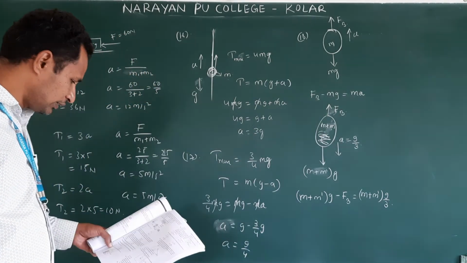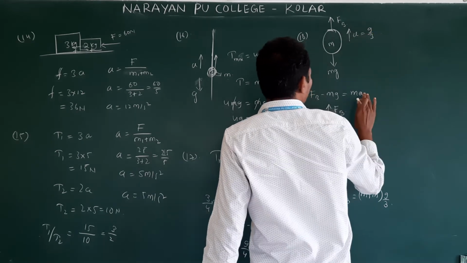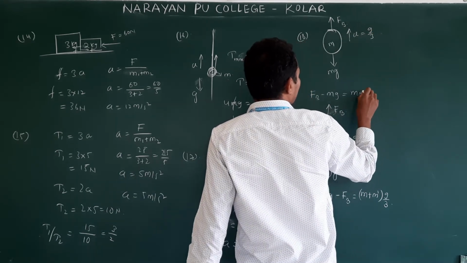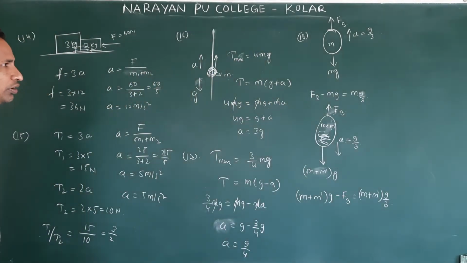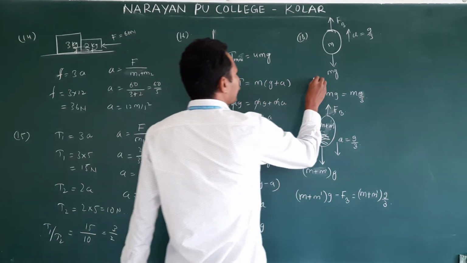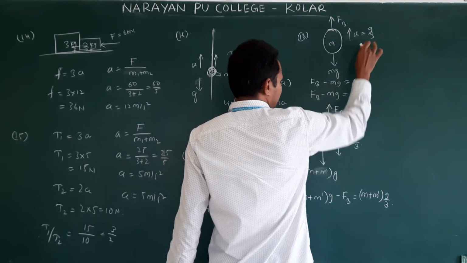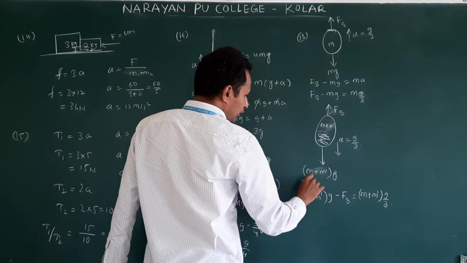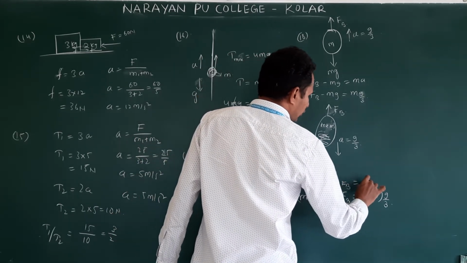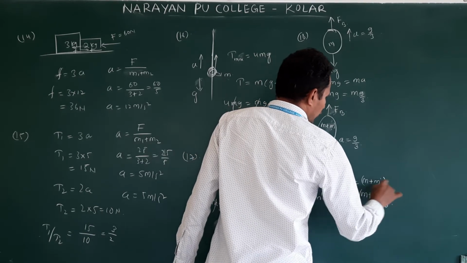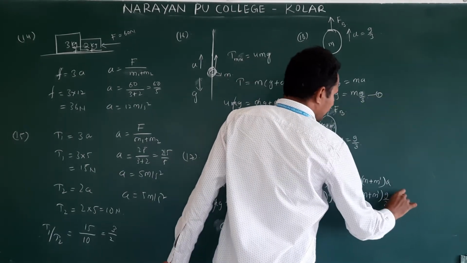Am I correct or not? So here a is equal to g by 3 going up, so we write Fb minus mg is equal to ma, with a as g by 3. Here also the same, I am writing directly. So add this equation and this equation.